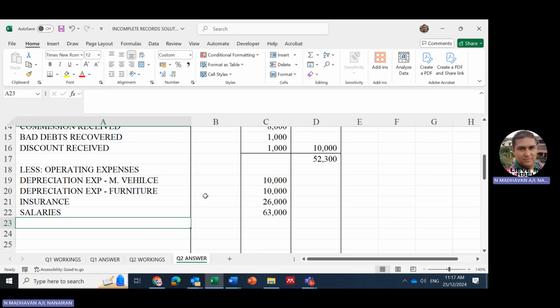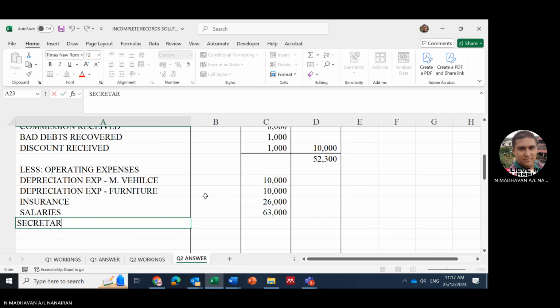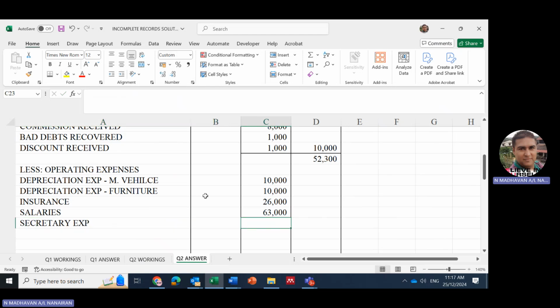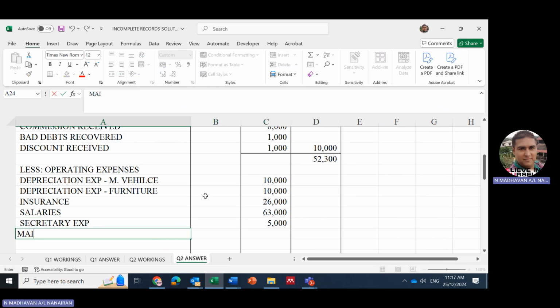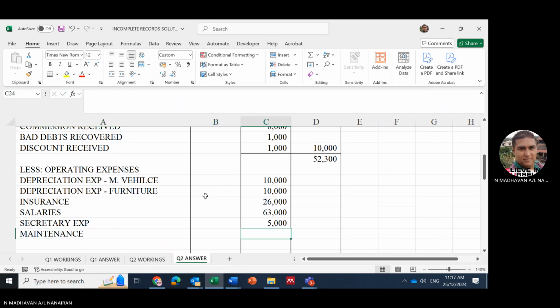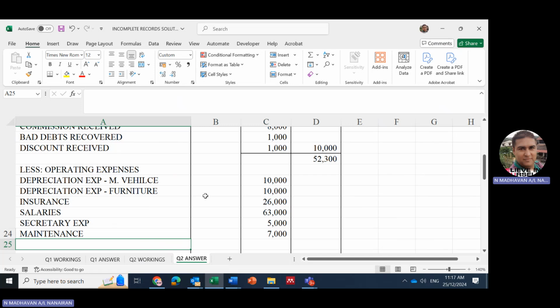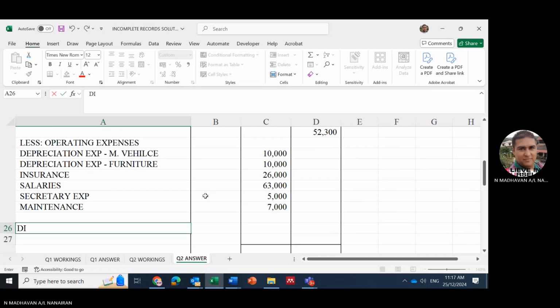Now let's go to the question. We have secretary expense. How much? 5,000. Next, you have maintenance. How much? Next, what do you have? Discount allowed.